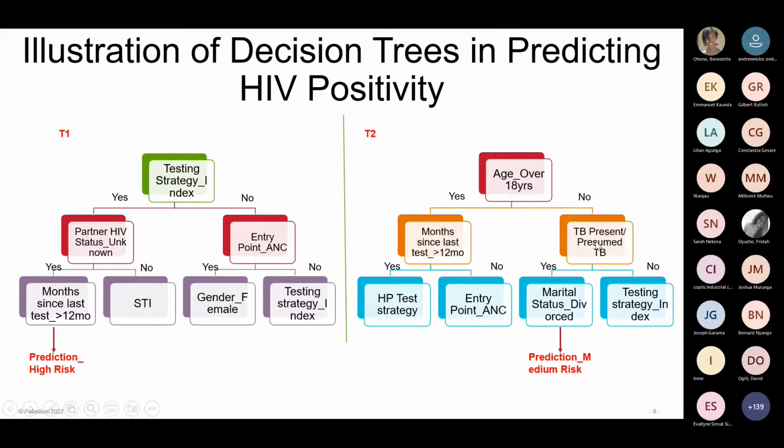Age 18 years or above: this particular client is not over 18, but is presumed to have TB. Marital status is divorced, in which case the system will predict her to be medium risk.